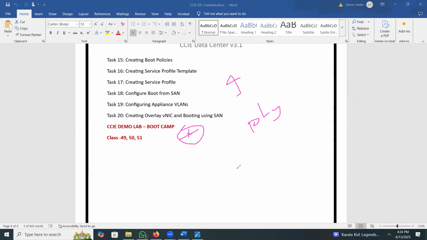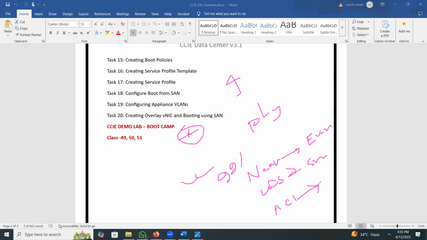All the labs, such as Nexus, you can implement on your EVE engine. So almost 99% of the configuration on Nexus you can do. But for UCS, you have to use the simulator, and for ACI also you can use the simulator.